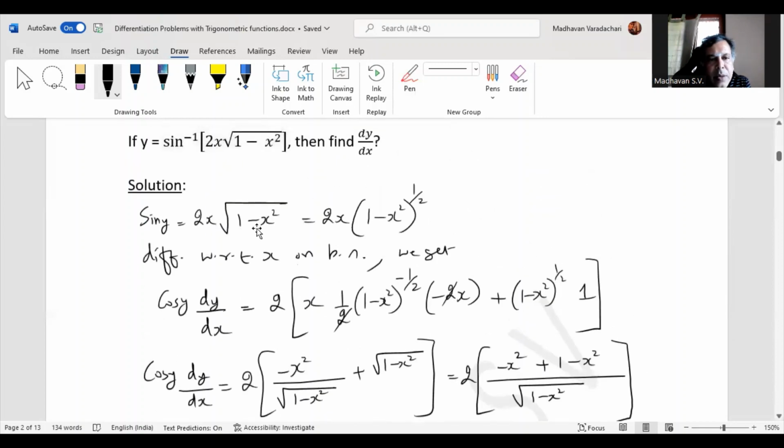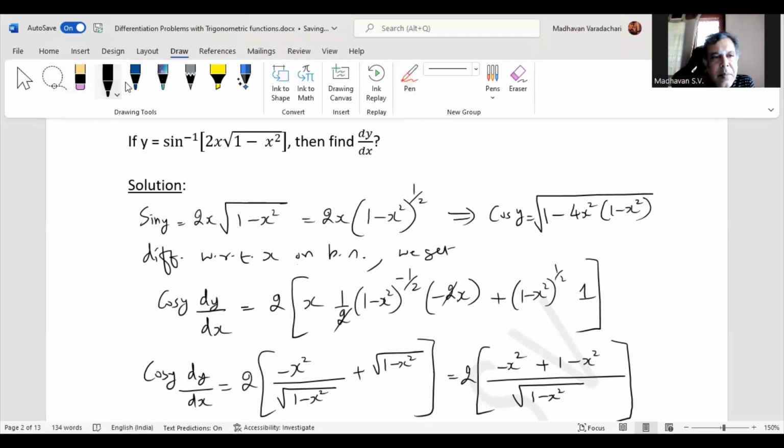Now we have this sine y as this. That means cos y will be root of 1 minus sine square y, so here it will be 4x square times 1 minus x square.